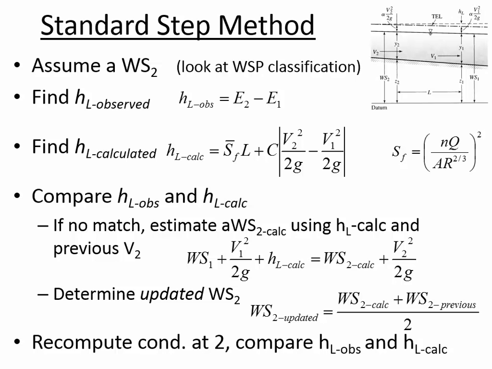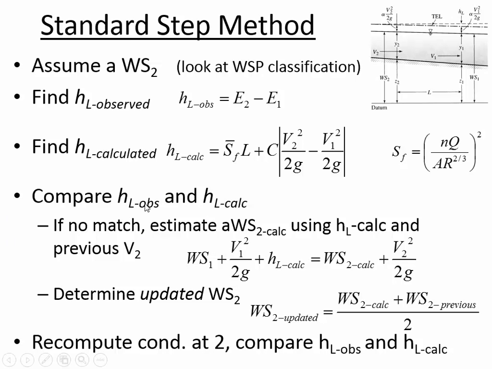And the C value tries to account for the energy that's lost during this transition. And so there's two terms to the calculated head loss. It's partly about the energy loss due to friction between the 2 points. And then this second term is analogous to local losses, losses because of a change in channel shape.